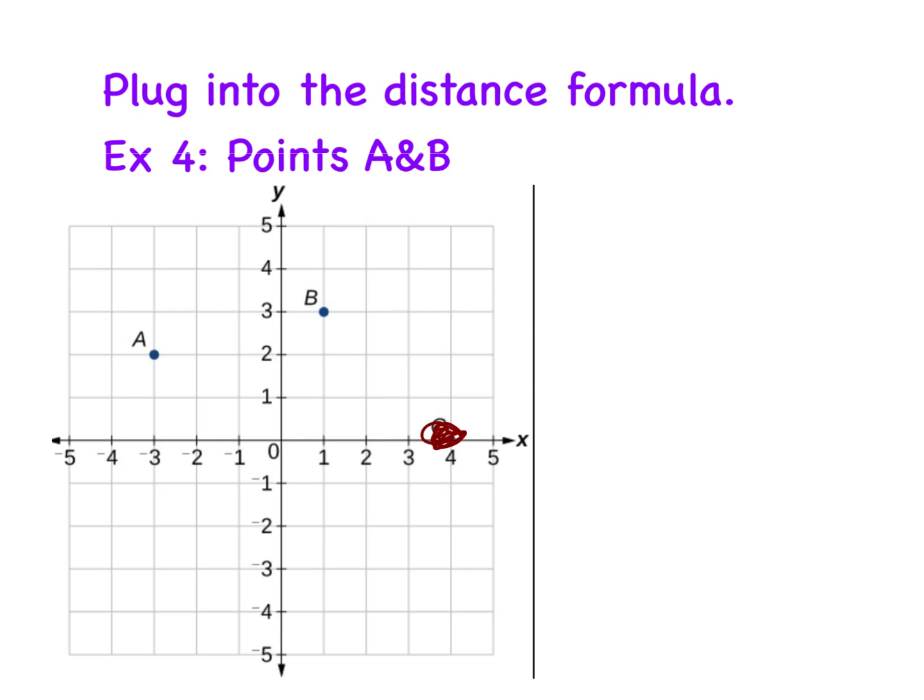Yes. So let's go to B. Remember, X runs left and right. It's horizontal. Where's the B on that X axis? 1. If I just go straight down, it would go to 1, right? So it's going to be 1. And then what's the Y on that one? Not negative, +3. Positive 3, because the Y is the vertical axis.